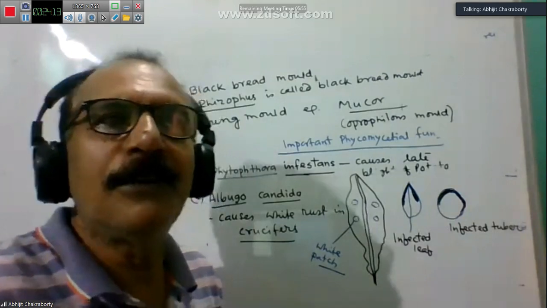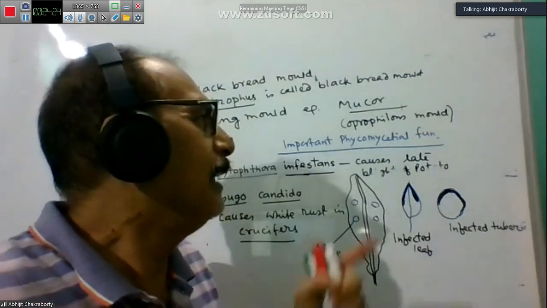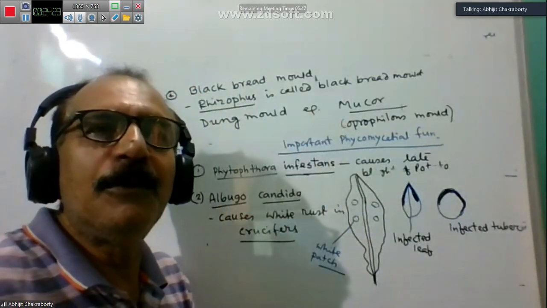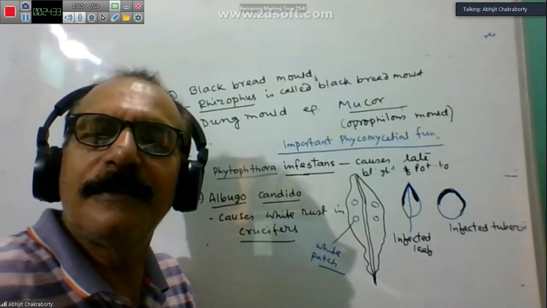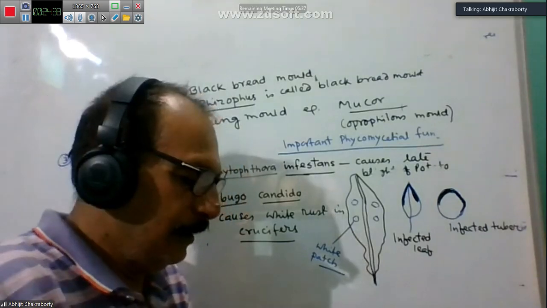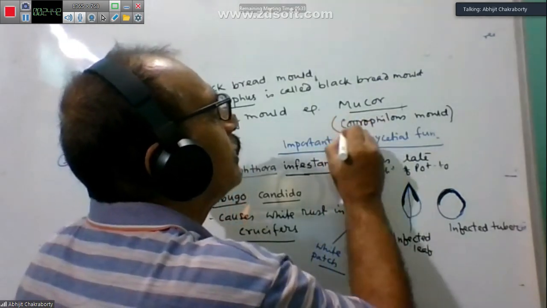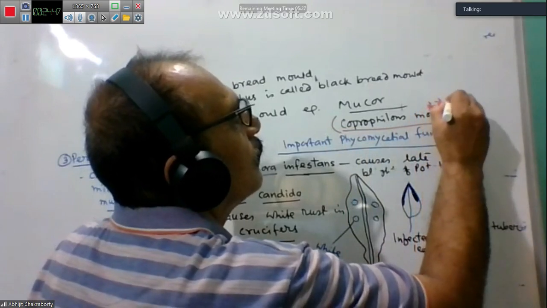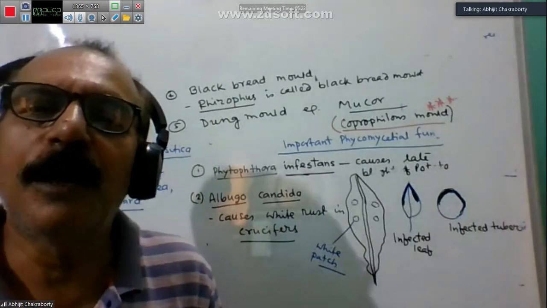So any organism which feeds on fecal matter, the term used is coprophagy. As Mucor loves to grow on fecal matter like dung, it is also called coprophilus fungus. Most important term, you need to remember this. Coprophilus mold, which one? Mucor.